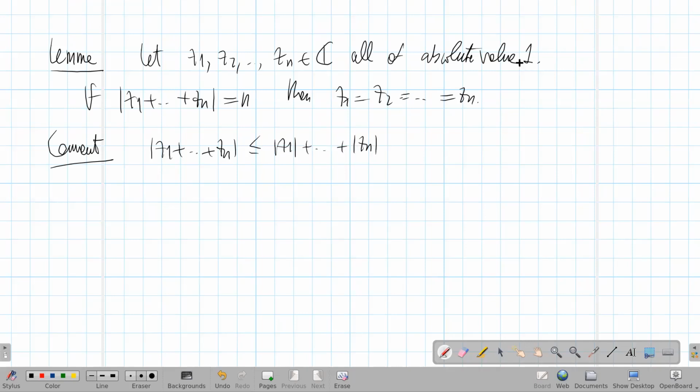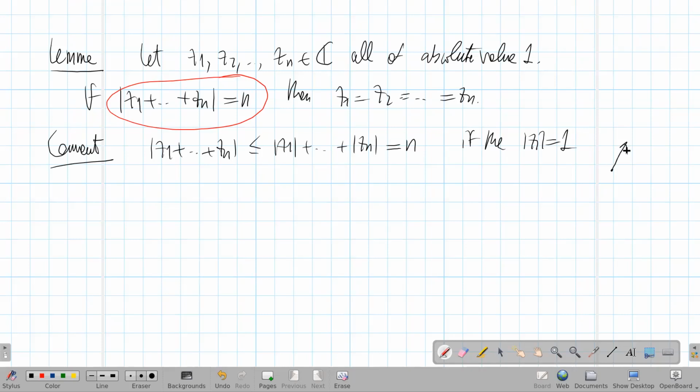Since each has absolute value 1, this will be, in any case, less than or equal to n. So this claim is saying that the maximum of the absolute value is reached here.